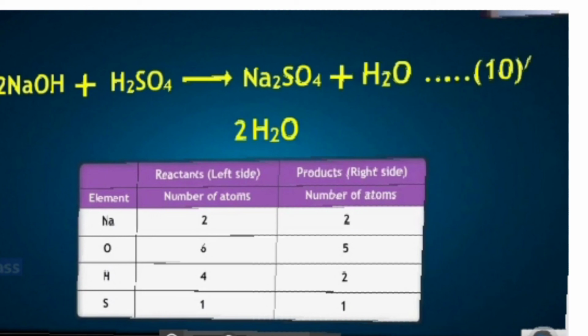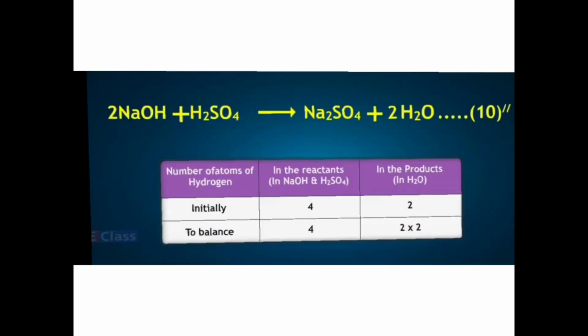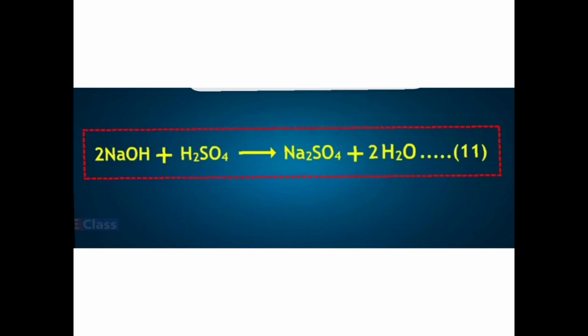Once all the things are getting balanced, I can write down the full and final reaction in balanced form. So my balanced equation is 2NaOH plus H2SO4 gives you Na2SO4 plus 2H2O. So the fourth step is to write down the final balanced equation again. Once you have checked that everything is balanced, then you can write it down.